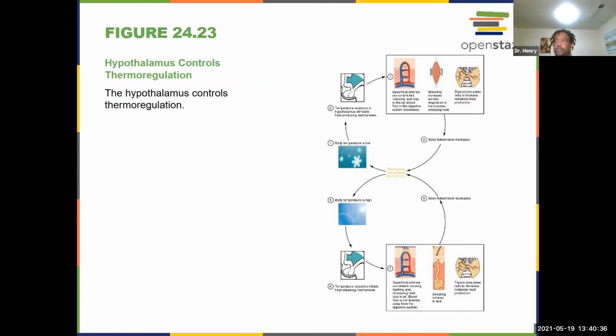And then overall, your blood flow to your digestive system is also going to decrease. So you're going to lose access to the surface, closer to the skin surface, so you're not losing heat that way. Heat isn't being transferred to the outside in this case, because you're freezing, right? You want to try to keep that heat in. You're also going to start shivering, right?